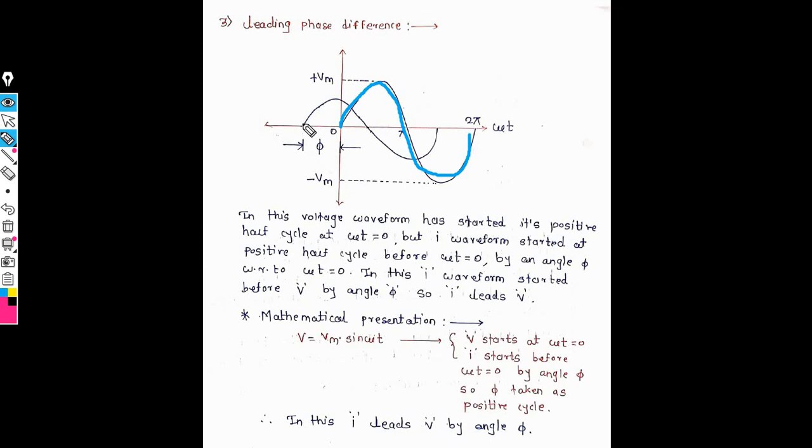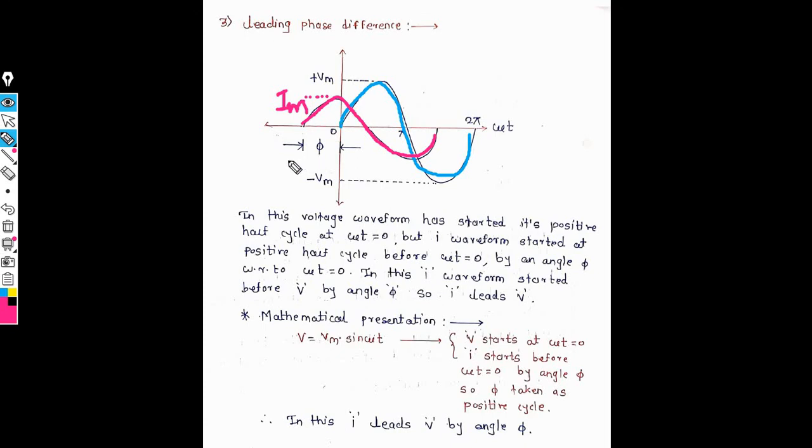Then the current waveform also starts with the positive half cycle. This is the current waveform, with peak Im. Also here the current I leads the voltage by angle phi.